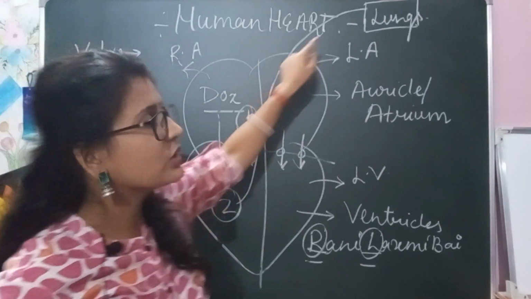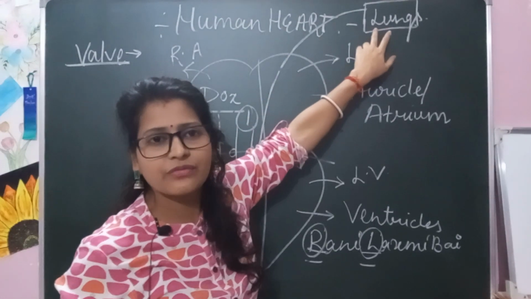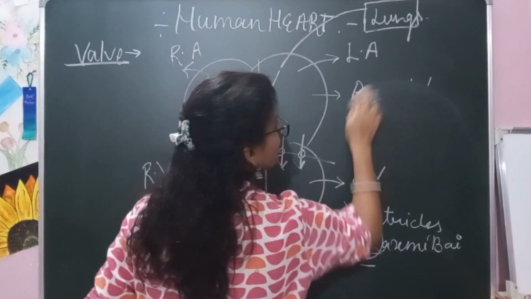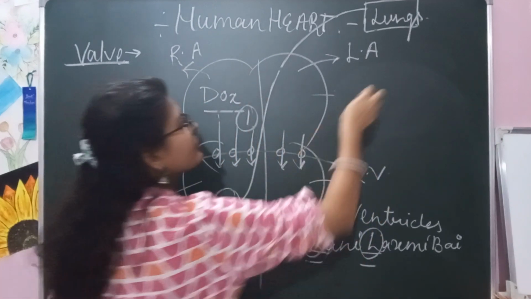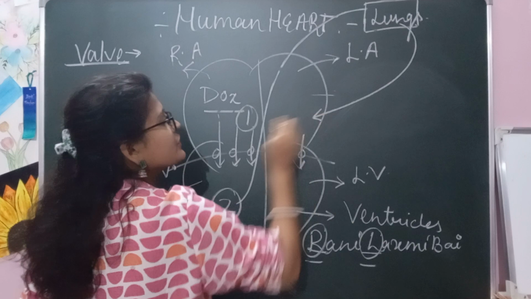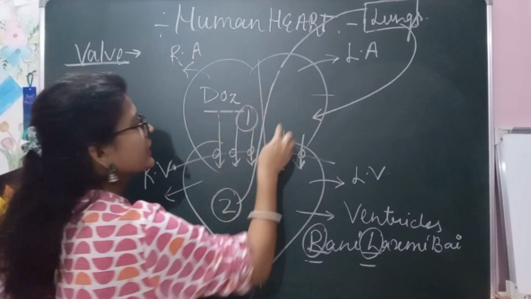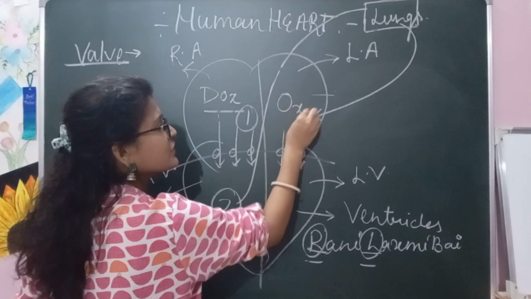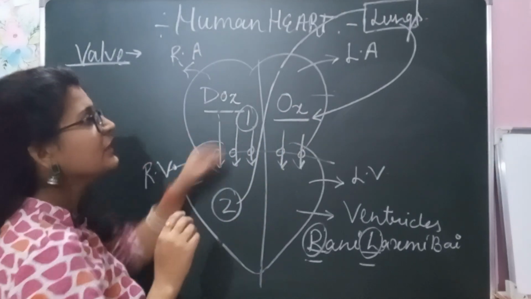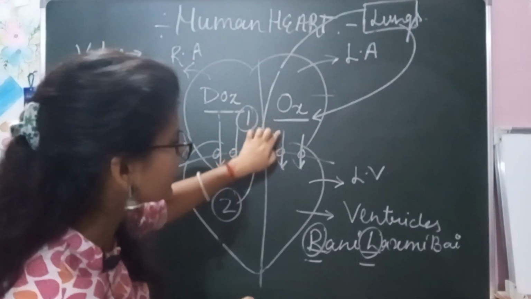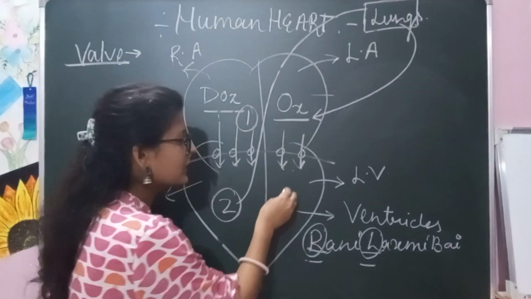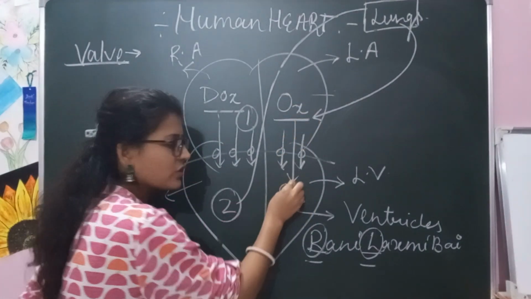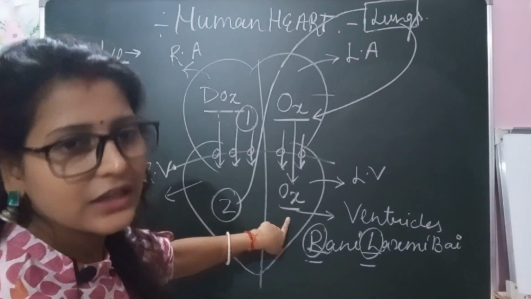After the lungs purify it, it comes to the left atrium, and this is the pure one, so we mention it as oxygenated blood. Then from here it goes to the left ventricle, which also has oxygenated blood.